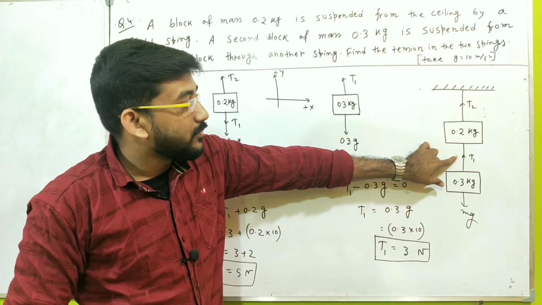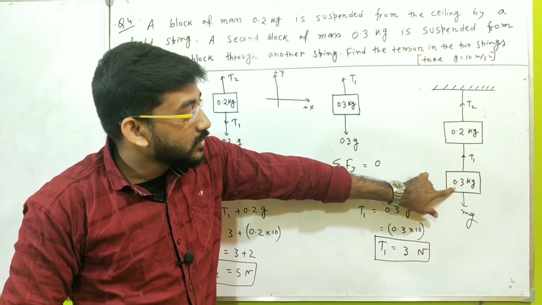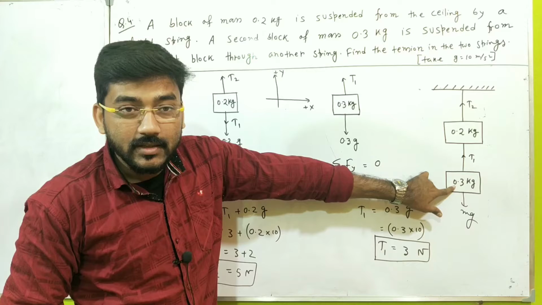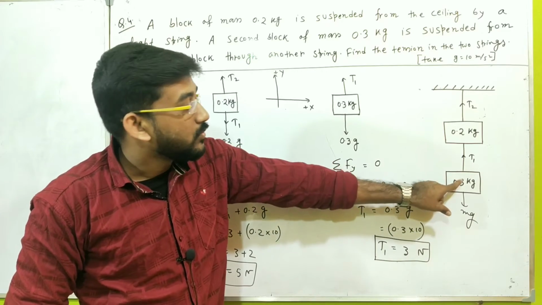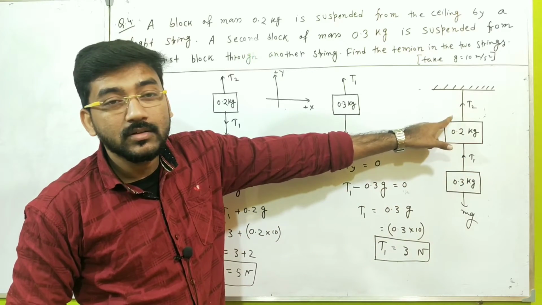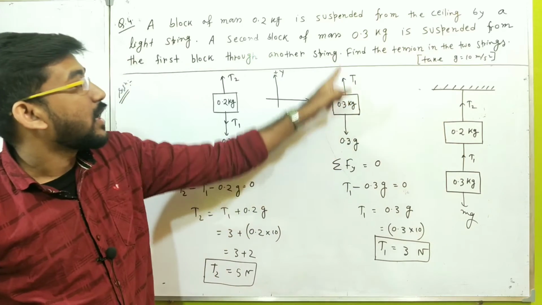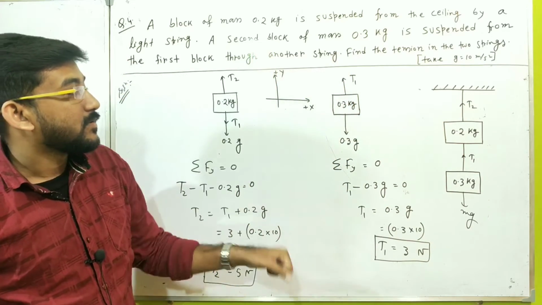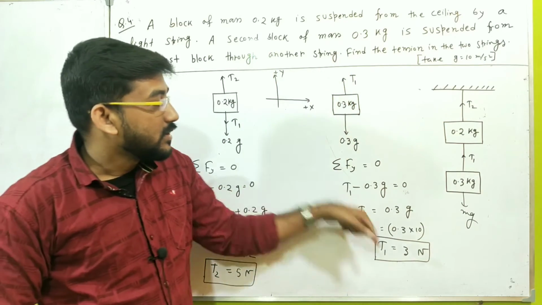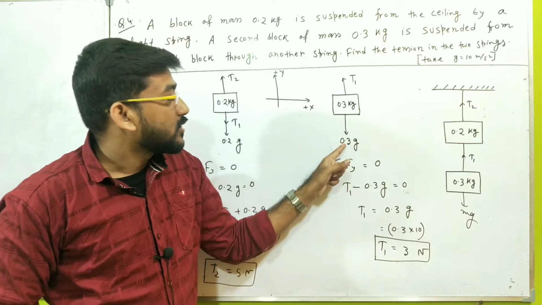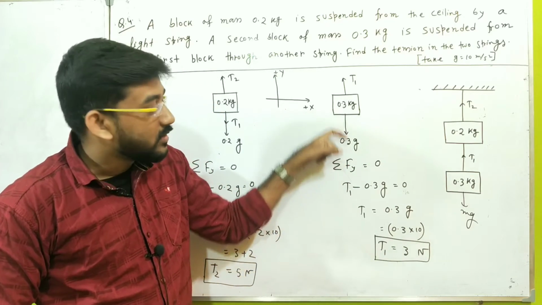So, the tensional force in this string on the mass 0.3 kg will be away from this object, that is T1, in the upward direction, along the plus y direction, and the mg here, with m as 0.3, will be 0.3g, in the downward direction.